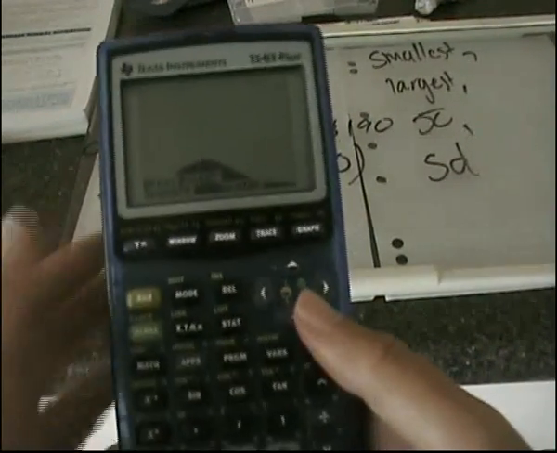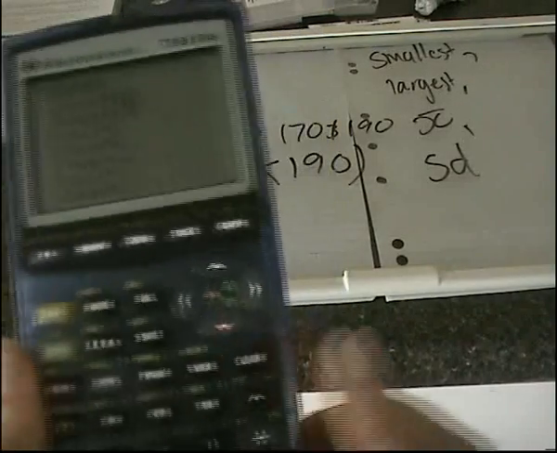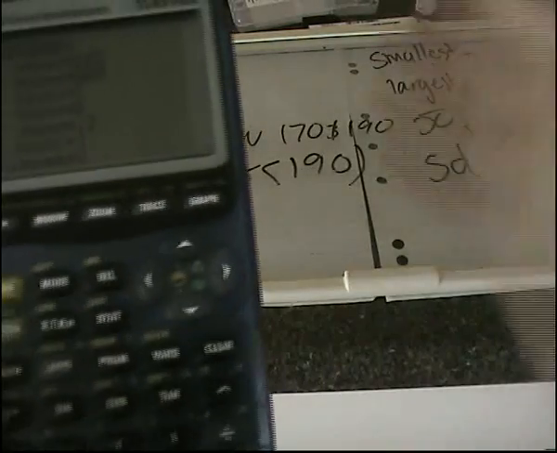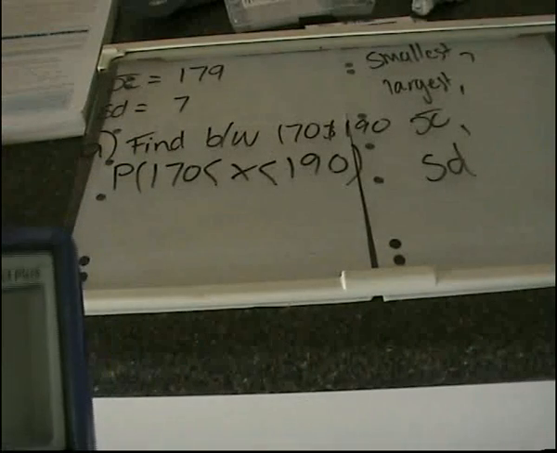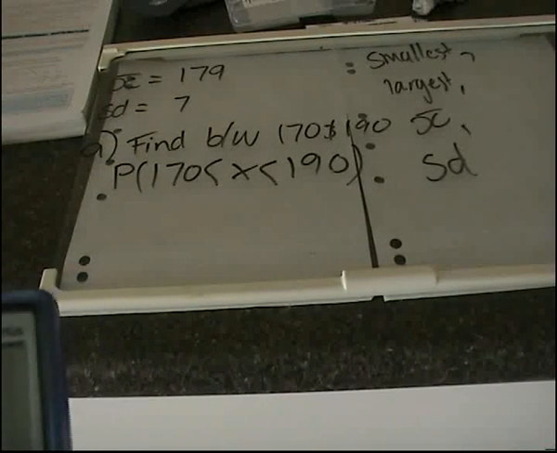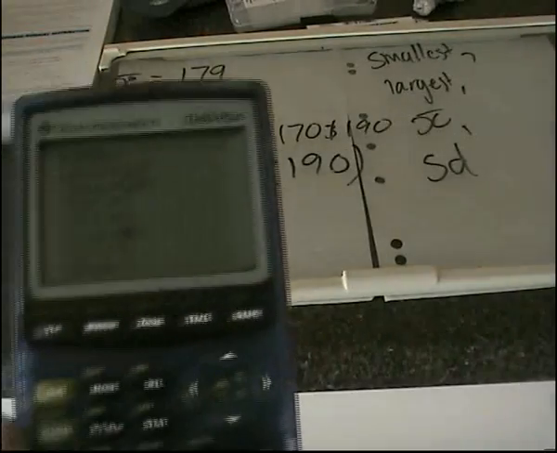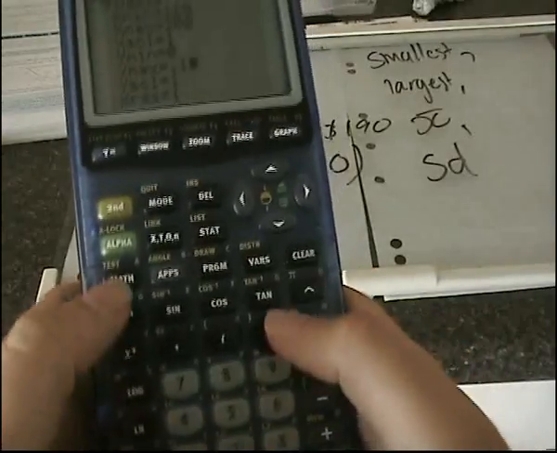Now if that isn't really clear and you want to go to your window and fix it up, remember when we do it, we need our smallest number, so I've got in something that's a bit lower, 165 to 200. Now with your y's, it's never going to be over 1, because if it was over 1, everything would be on the mean and it would be in a straight line. We're talking about probability, and all our probabilities add to 1. So I can probably even go less than 0.2.